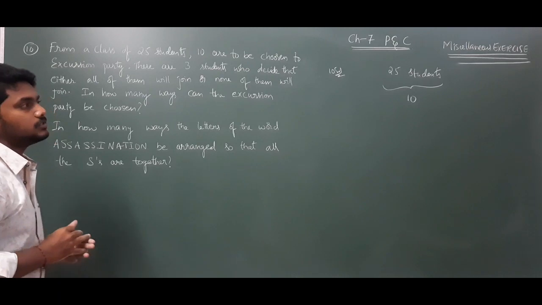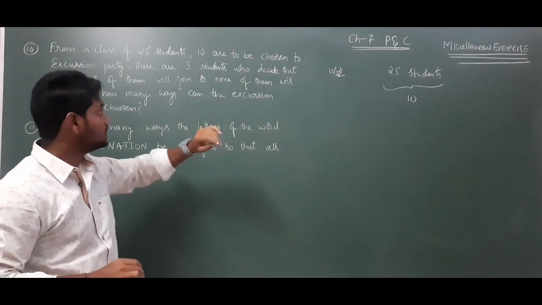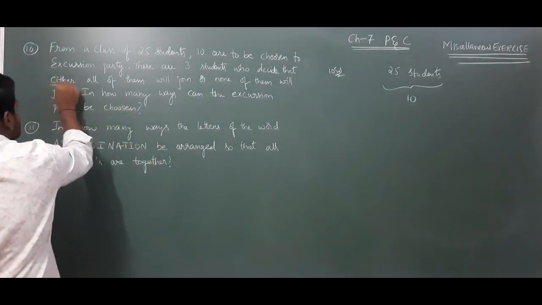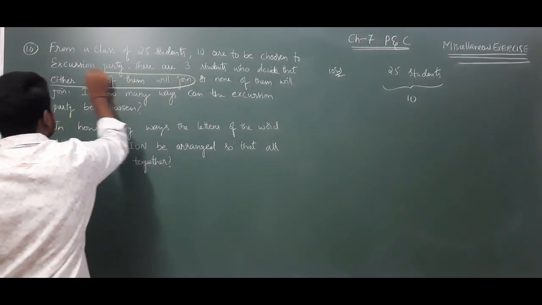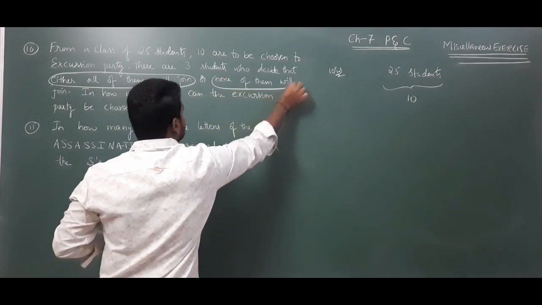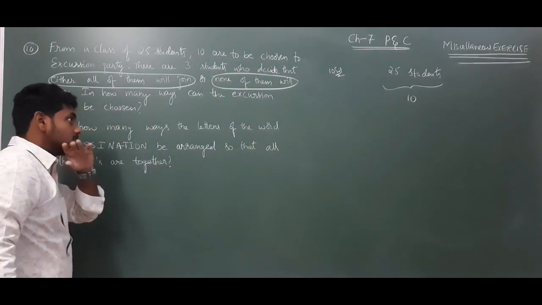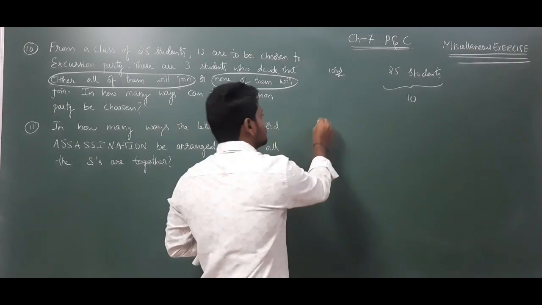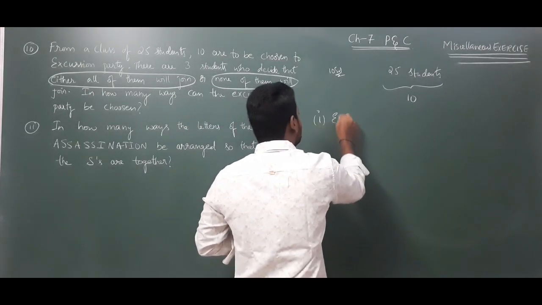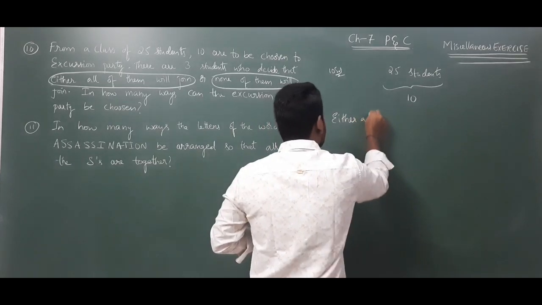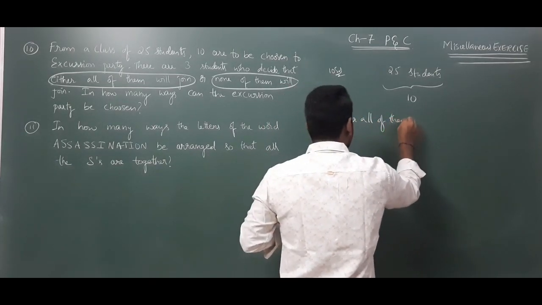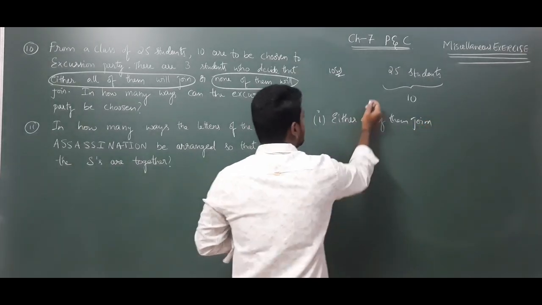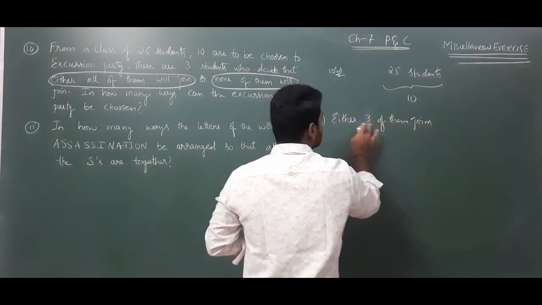See, out of 25 students, we need to select 10. In that, there are 3 students who decided that either all of them will join or none of them will join. So here we have 2 cases. Either all of them will join, that is, all 3 of them will join.